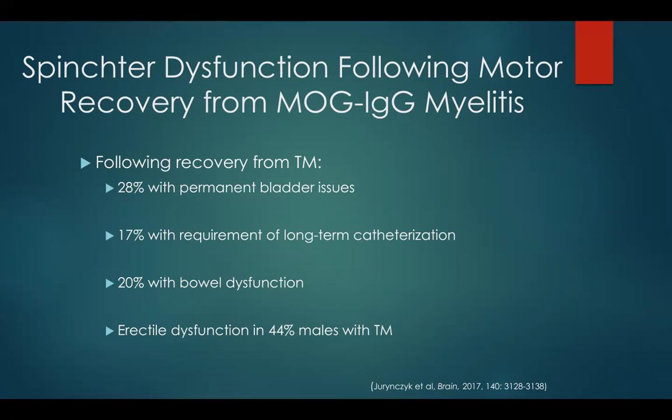This one study from the UK also highlighted that 28% of patients following motor recovery from myelitis had permanent bladder issues, 17% required long-term catheterization, 20% had bowel dysfunction, and 44% had erectile dysfunction in males.